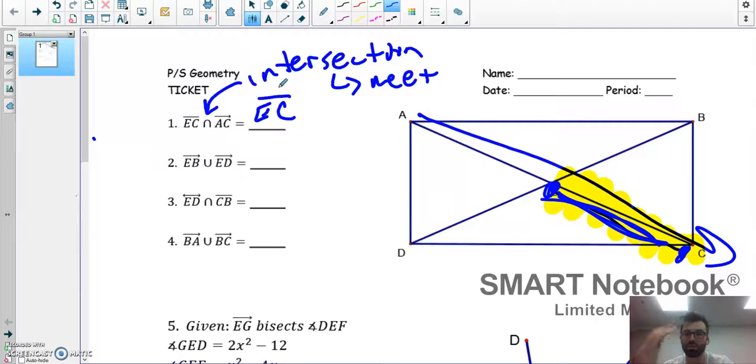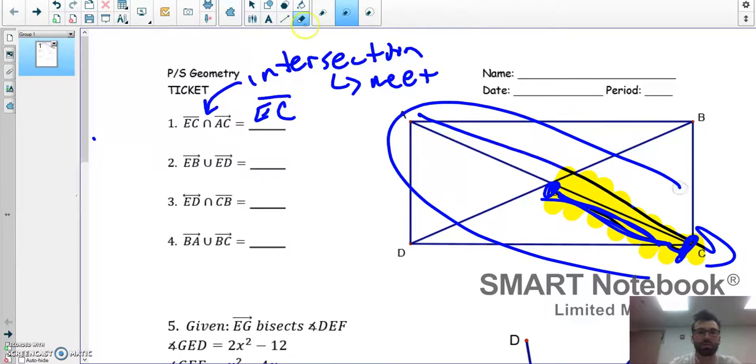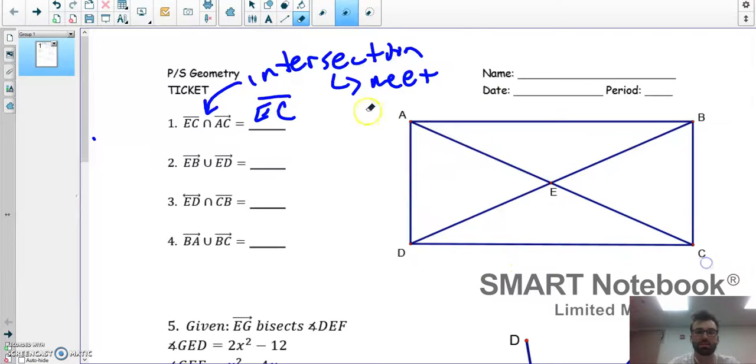Because one of the two is a segment, the overlap is a segment. Technically A to C goes on forever at C, but I'm including C here. That one's a little bit tough and confusing, but it's a great thing to look at for Tuesday's test, I can tell you that.